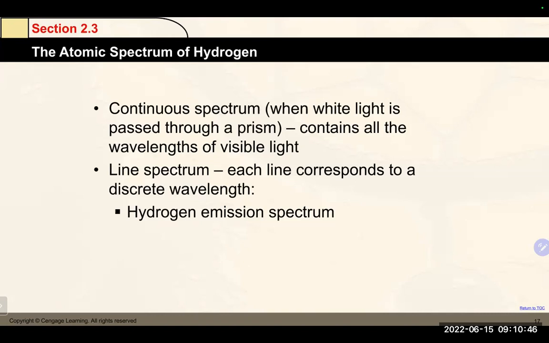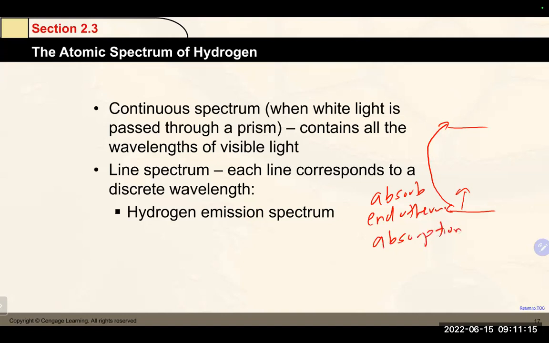So when electrons transfer from one energy level to the next and go down in energy or even go up in energy, we do get some different types of spectrums. When an electron goes up in energy, it is absorbing energy, and it is, as we talked about, endothermic, and that is what is referred to as an absorption spectrum.